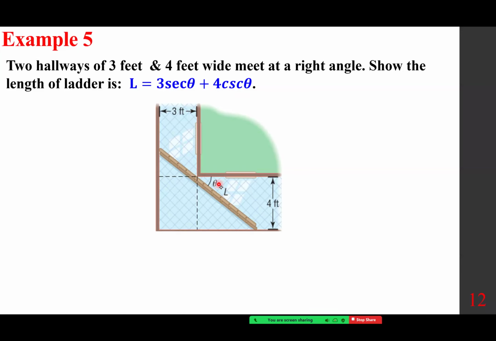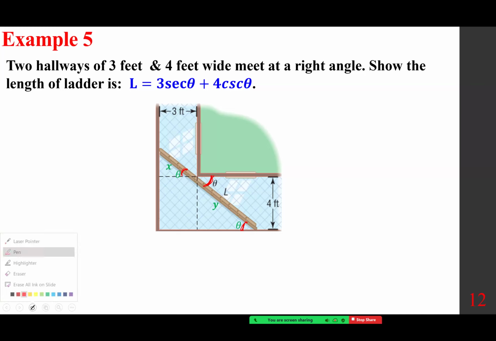This angle is theta. So is this one, so is this one. And so again, this angle is the same as this angle, is the same as this angle.